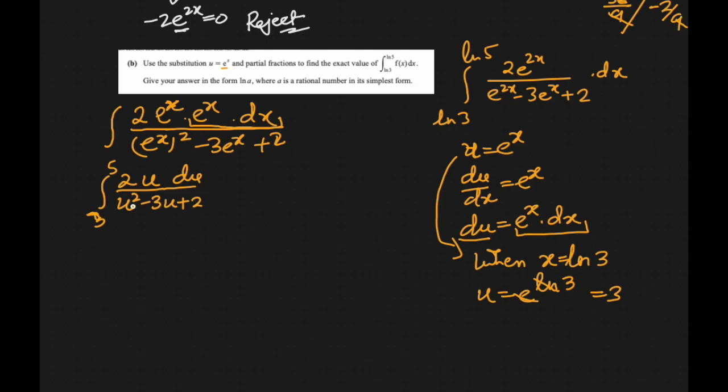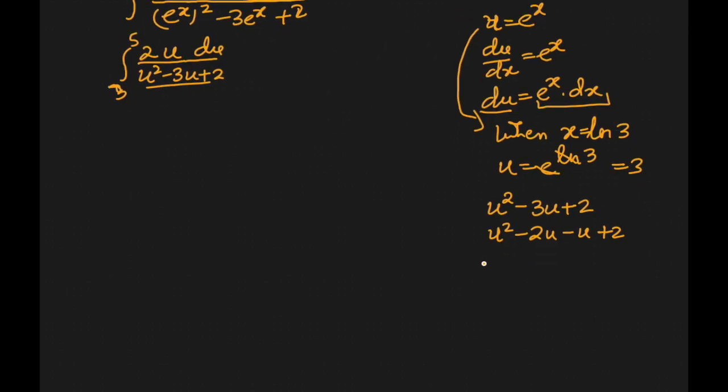Okay. Now I'll factorize u square minus 3u plus 2 by splitting the middle term. So u square minus 2u minus u plus 2. I split the middle term to factor this. So u is taken common, it becomes u minus 2.